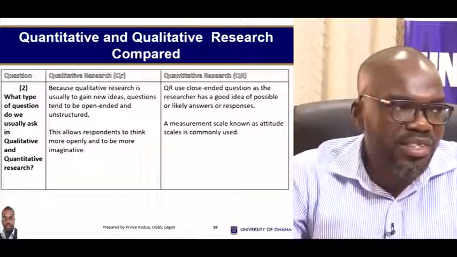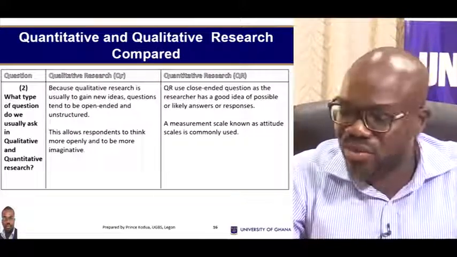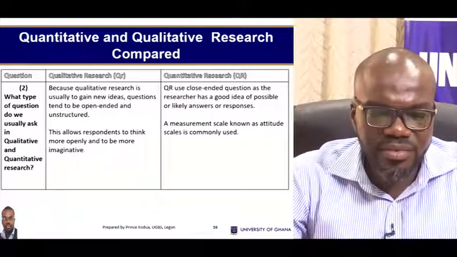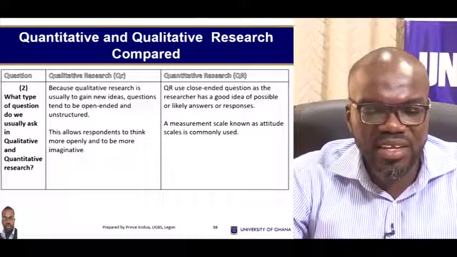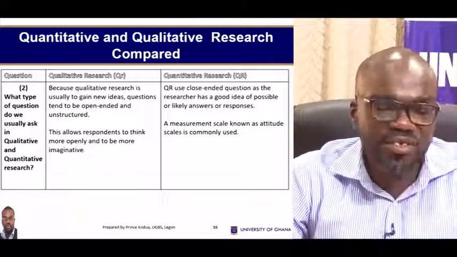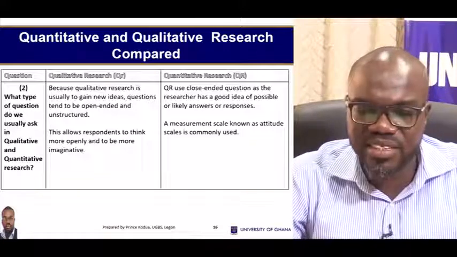We allow our respondents to supply us with ideas or their thoughts. It allows respondents to think more openly and to be more imaginative. You throw the question to them and they are free to come out with all sorts of ideas.